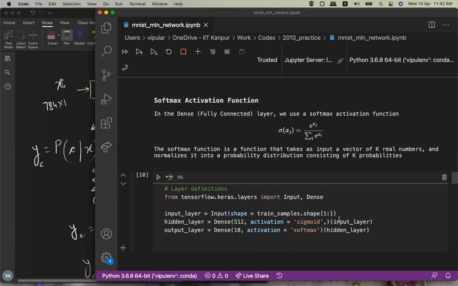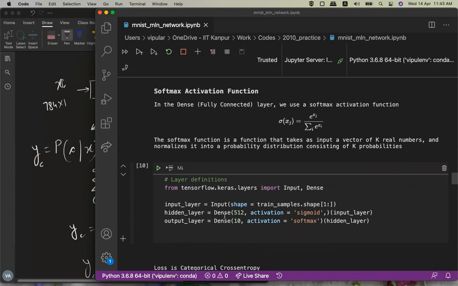Now on top of this input layer, I apply another function called the dense function. I am giving 512 neurons, and the activation of each neuron is sigmoid. This is the hidden layer. Now on this hidden layer, I apply the output layer, which is again a dense layer or a fully connected layer. It has got 10 neurons.